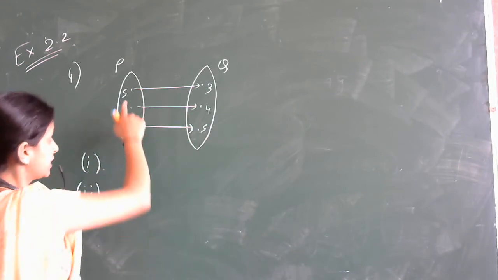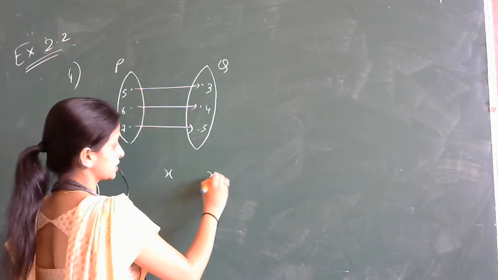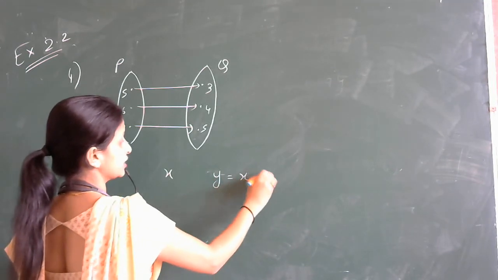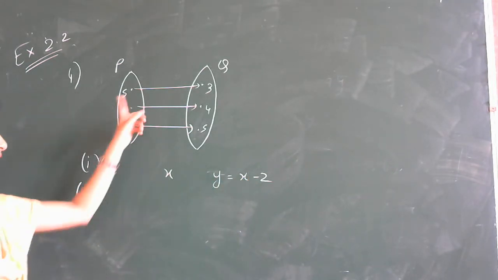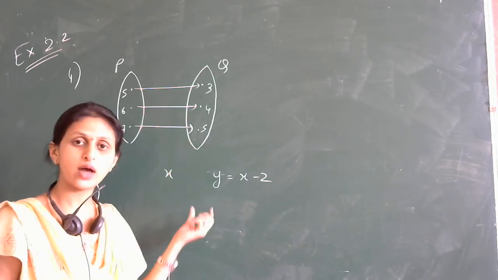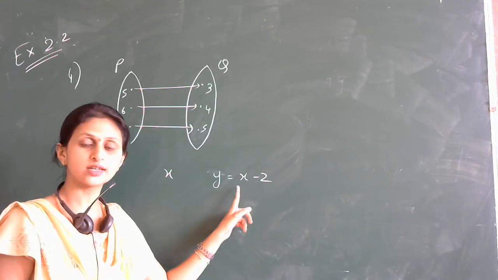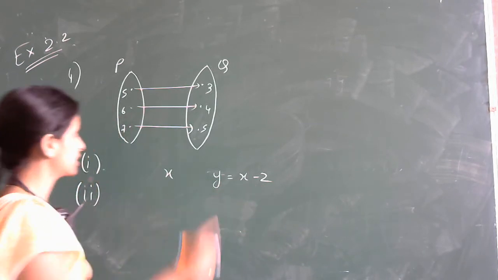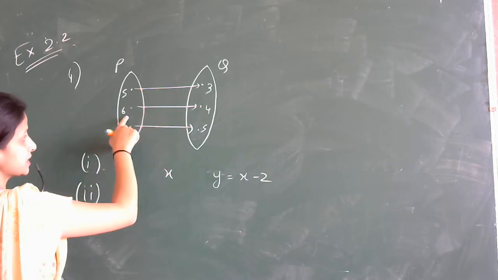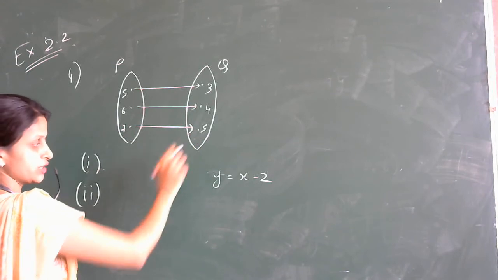Observe, if you take this as x and this to be y, if in the first set you have element x, then in the second set you will have y such that y equals x minus 2. Since it is 5, it is 5 minus 2, 3. Since it is 6, it is 6 minus 2, that is 4. Since it is 7, it is 7 minus 2, that is 5.